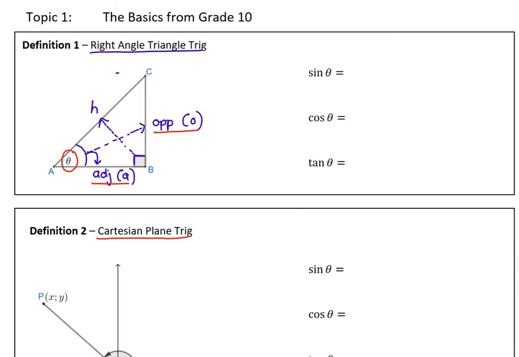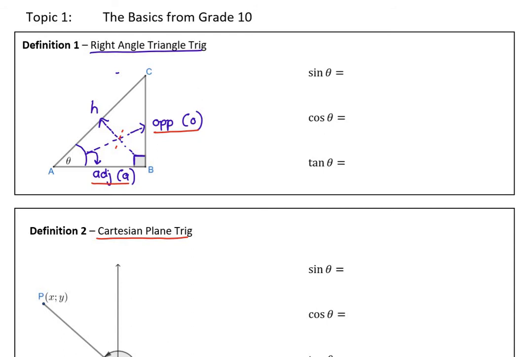So, for example, if I put an alpha in there, now everything's different. If I'm labeling this triangle according to alpha now, well, all of a sudden, this is the opposite side. So I'm going to erase that now because that's not the point, but I just want to be clear from the start that when you label adjacent and opposite in a right angle triangle, it's all relative. It's got to do with who are you talking about, and in this case we're talking about theta.